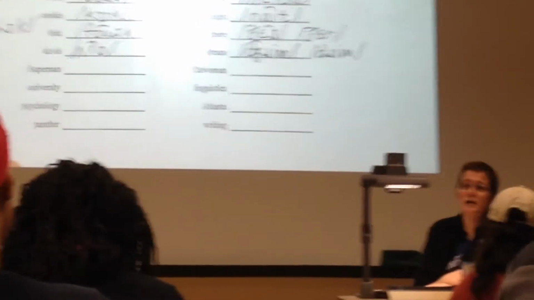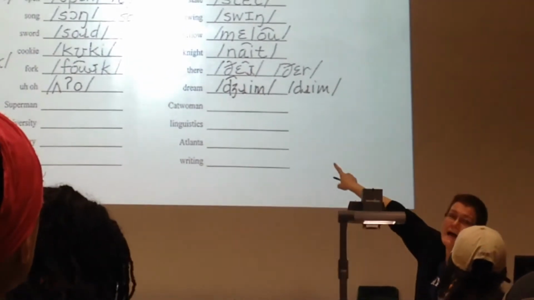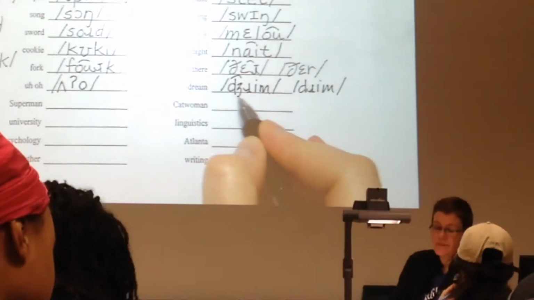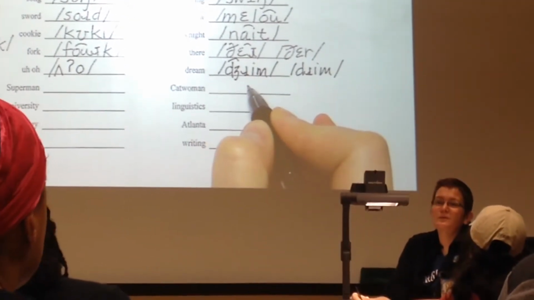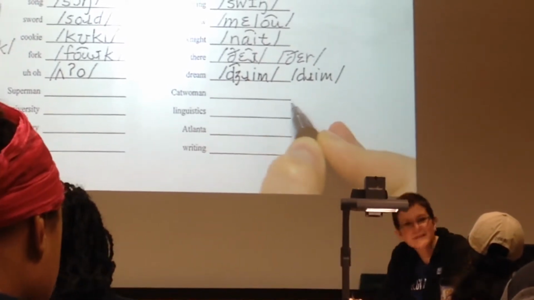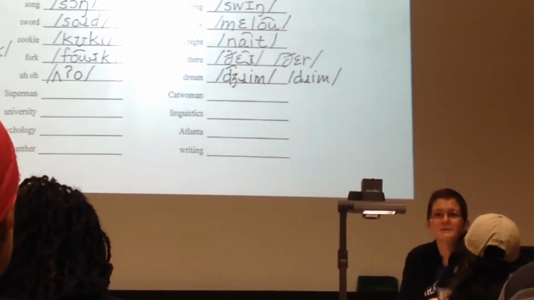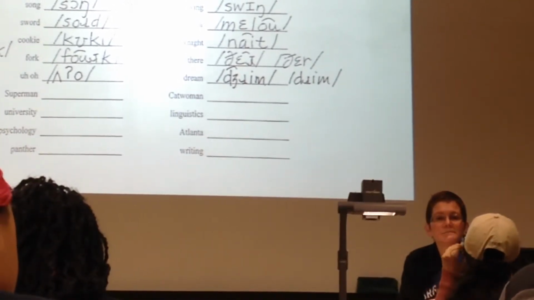The reason people say dream like this, like the first one we did with the affricate, is because that's a palatal sound, and right after it is also palatal, so people are getting ready to say the next sound, so they actually pull the d sound toward it, and it turns into j. That's why that happens. It's an environmental effect.